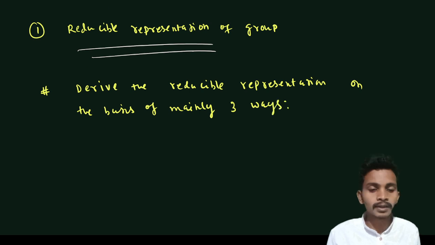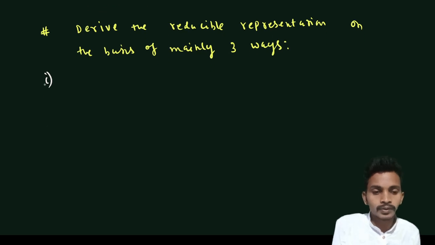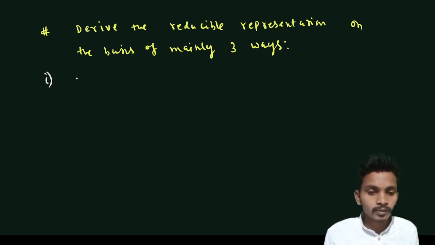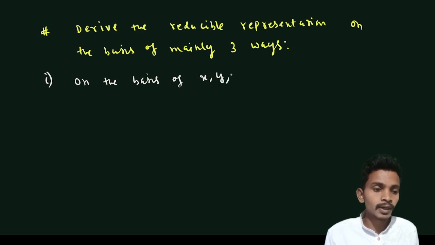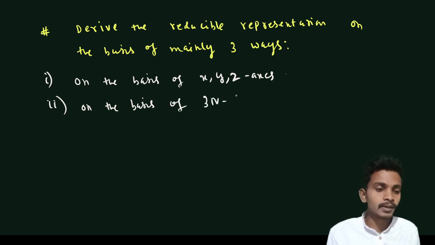What are those? First is on the basis of x, y, z axis, and the second way we can derive is on the basis of 3n coordinate systems.